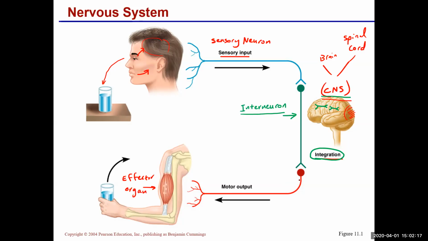The information getting out from the CNS to the effector is motor output. Motor output always takes information from the CNS towards the effector organ. A lot of times this is done by the motor neuron.